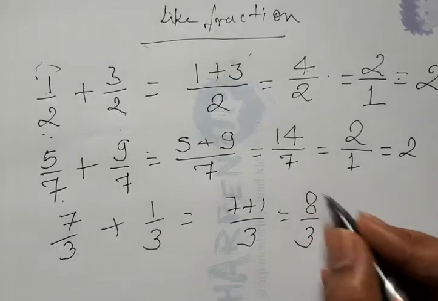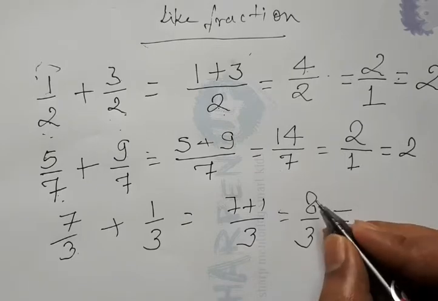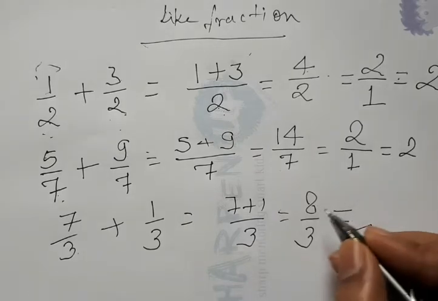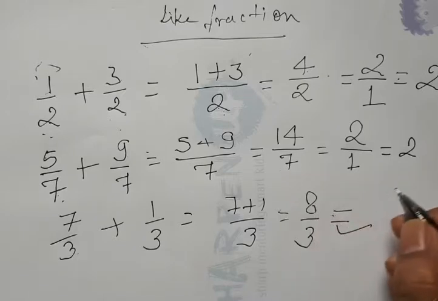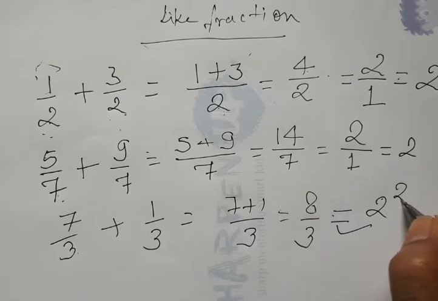This is an improper fraction. If you want to simplify it further, you can convert it into a mixed fraction. You divide 8 by 3 and you get 2 complete and 2 upon 3. So this is a mixed fraction.